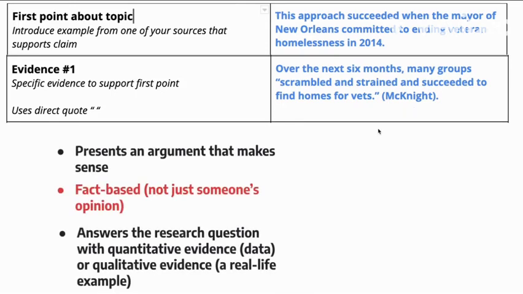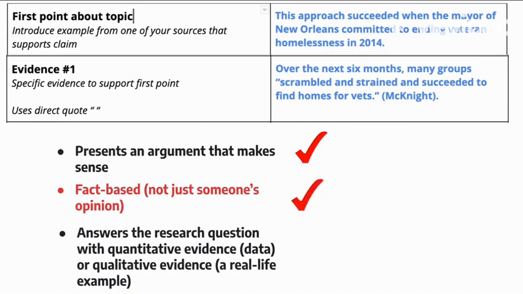Now I need to check and make sure the evidence that I put actually presents an argument that makes sense. Does it make sense to say that the mayor of New Orleans helped end veteran homelessness? Yeah, that argument makes sense. Is that a fact? Okay, so can I actually prove that this really happened? Yeah, that's factual.